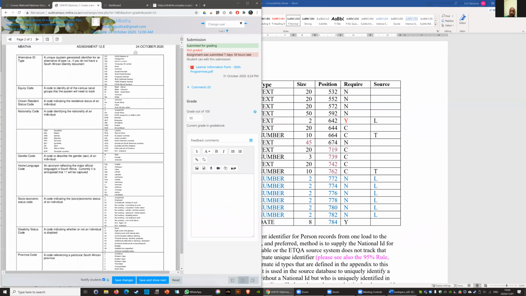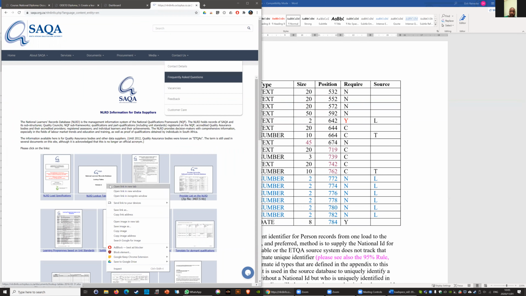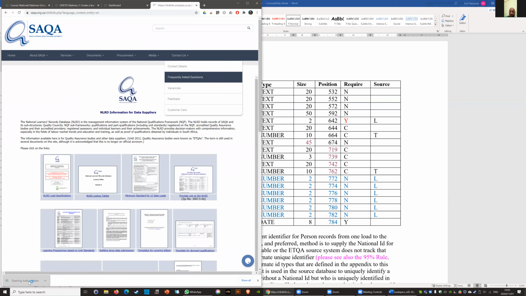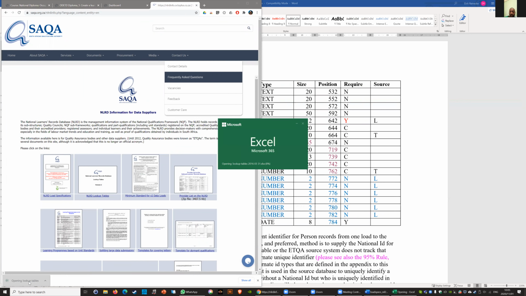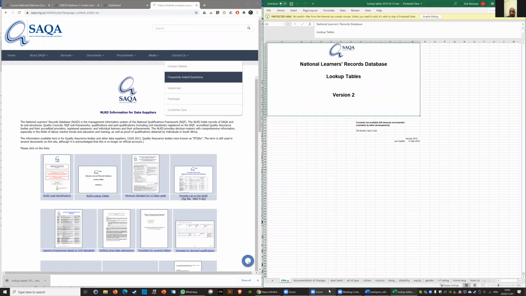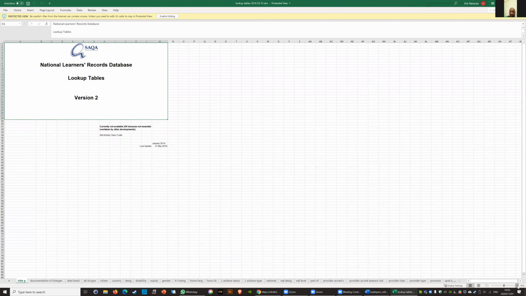If you go into the NLRD and look at the lookup tables, the lookup tables document gives you what each of the fields must be. So I'm just going to make it a bit larger.